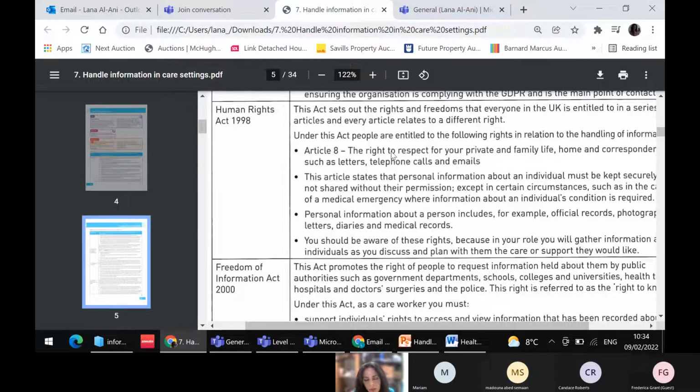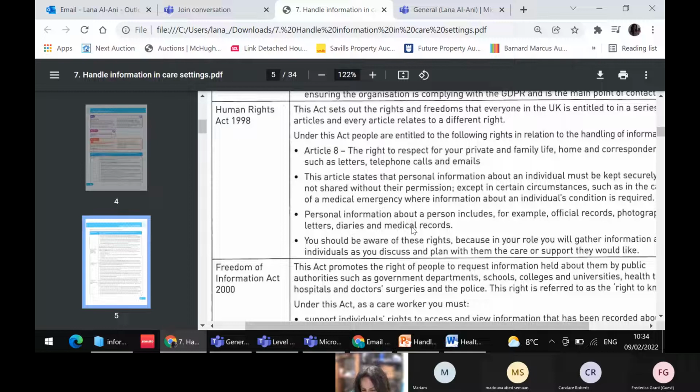So the right of the person to be respected for their private life. And number 2, this article states that personal information about an individual must be kept securely, not shared without permission. And personal information about the person includes, for example, official records, letters, diaries.